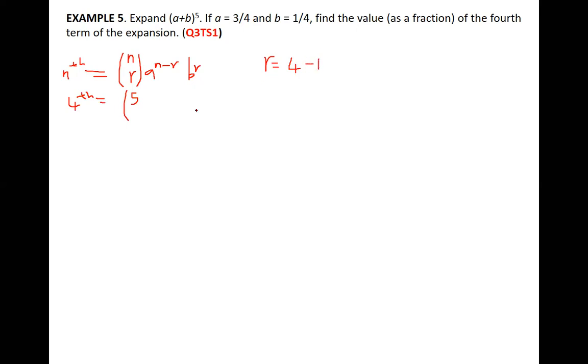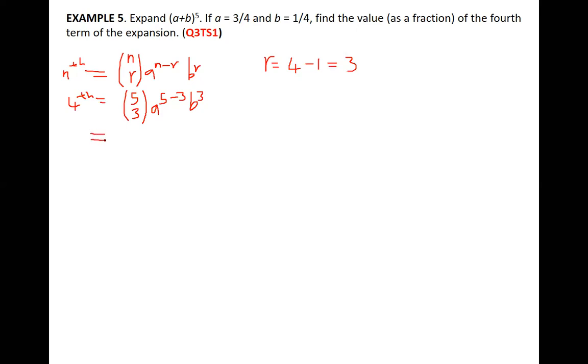That is going to be the value of r, so our value of r is going to be 3. So you put your 3 there, then your a will still remain a, with n minus r, your n is 5 minus 3, and then your b is still b, with r as 3, like that.